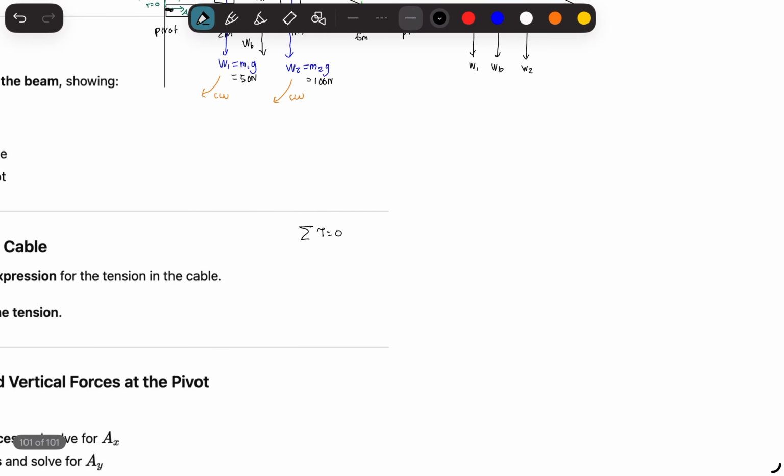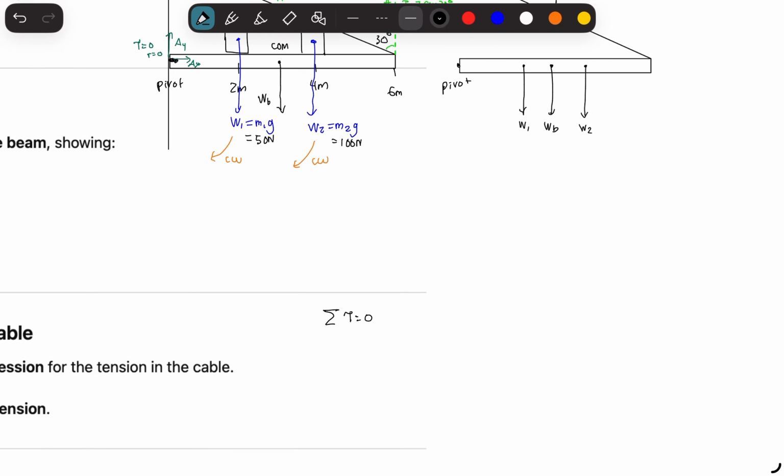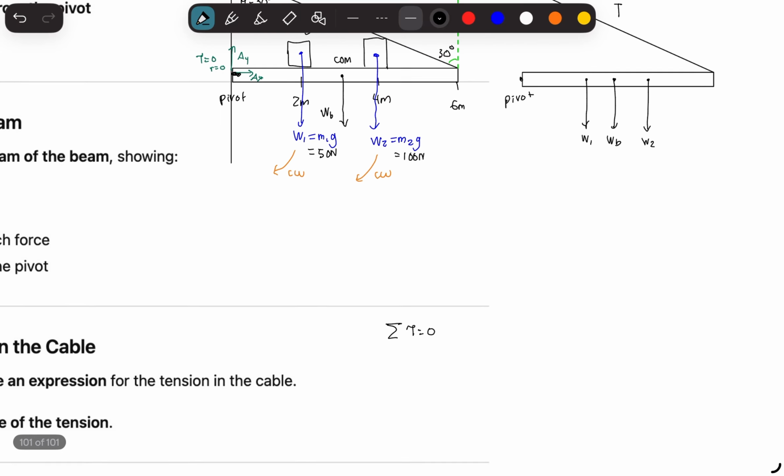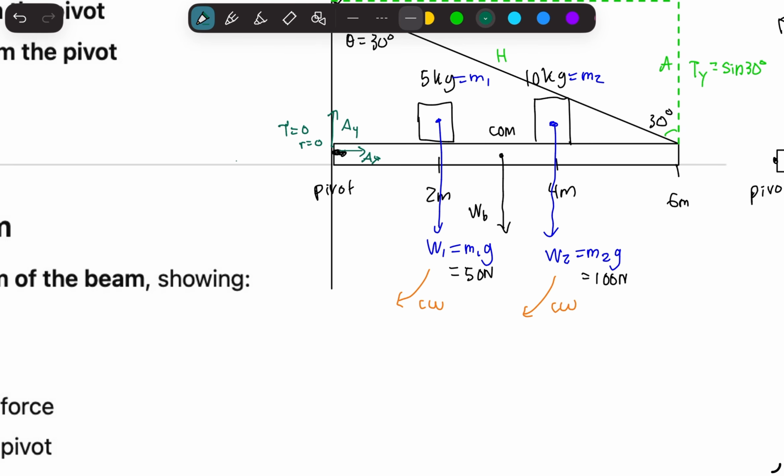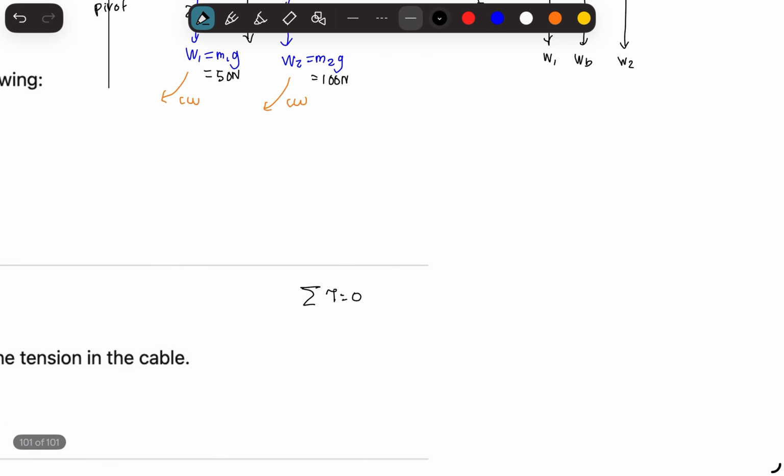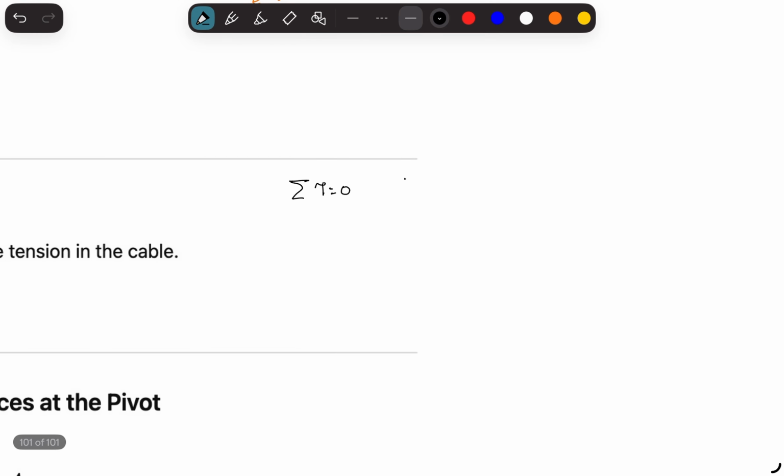So you have your summation of torques. We're going to choose our pivot to be at the very left. If we do that, this is going to eliminate our AX and our AY. This is our strategy so that we have fewer values. Now we know that torque is equal to FR sine of theta.